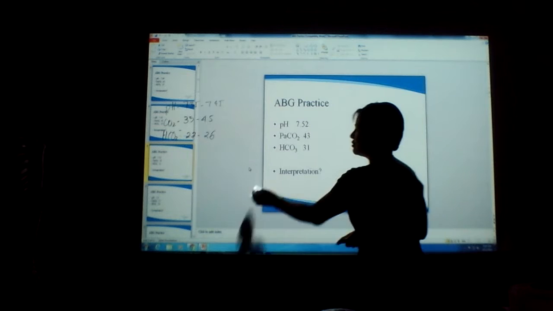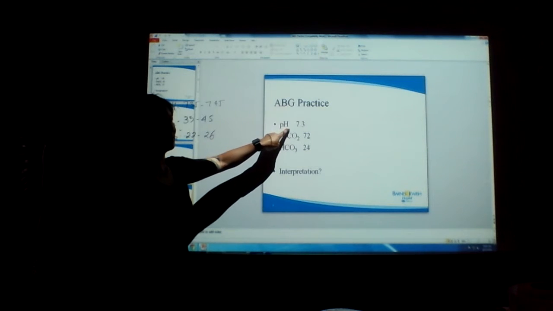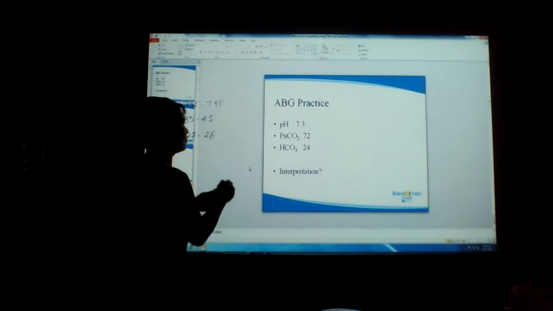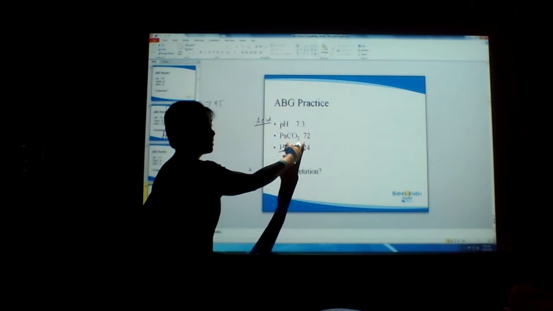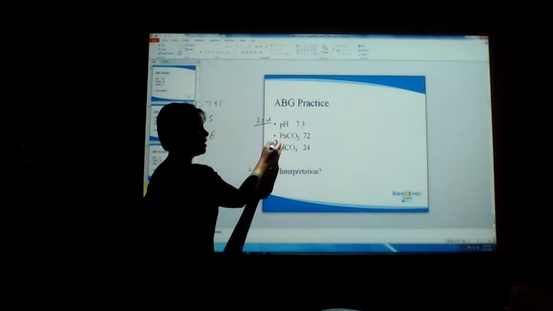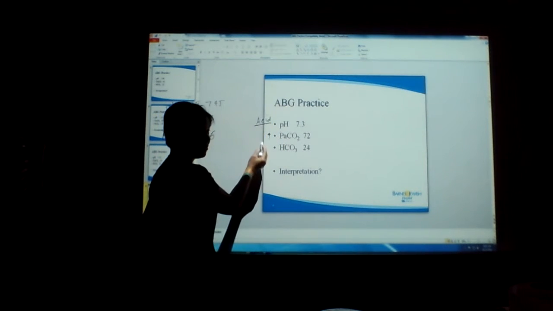This is the part that students enjoy the most. Once they understand how to do ABG, it's so much fun. Look at this one. What's this one? Yes, very good. So I'm going to write acidosis. So high or low? High. High. So must be respiratory acidosis, right?